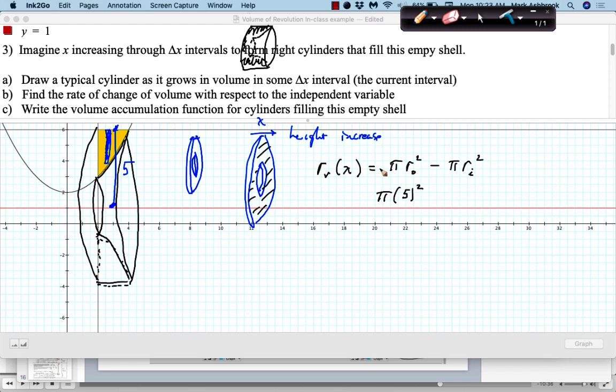Minus our inner. So what's our inner? An x coordinate, a y coordinate, a big change in x, or a big change in y? Another big change in y. This is from here to here, right? So now our inner radius is still from y equals 1 to the curve.